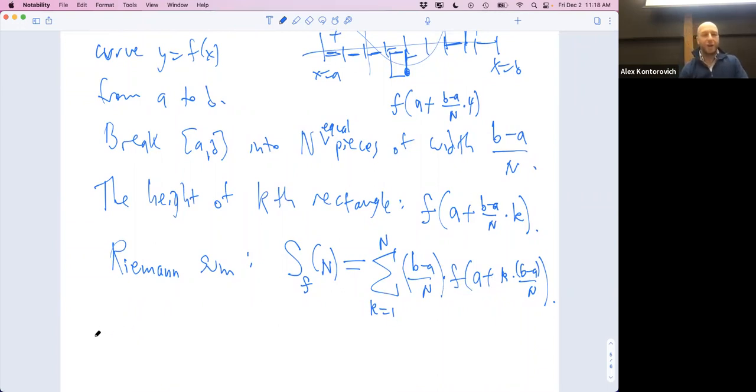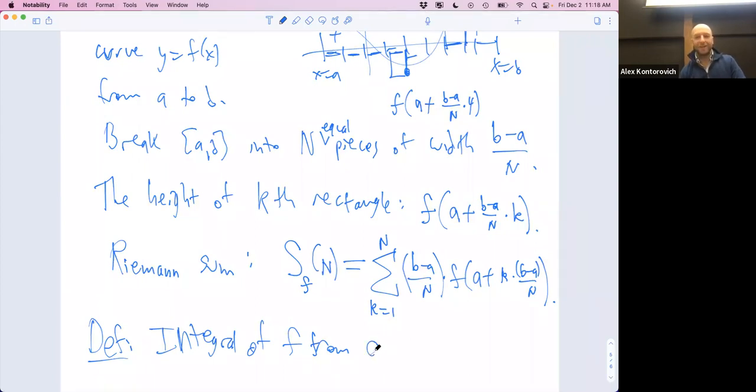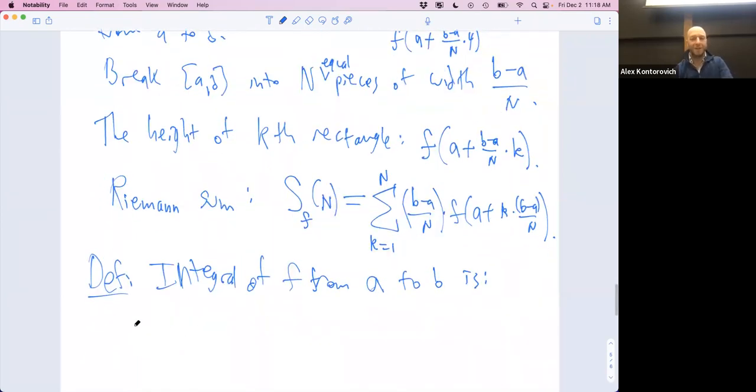So that's the sum when you take n terms. And the definition of the integral of f from a to b is this area. It's written like this: integral from a to b, f of x dx. You see, this is f at some value.